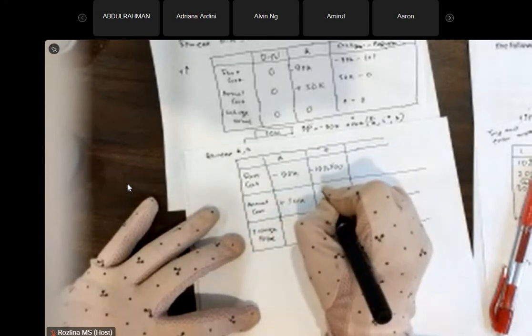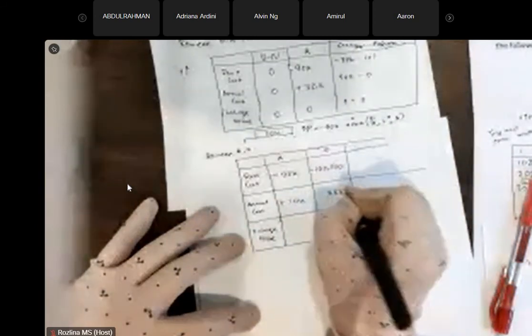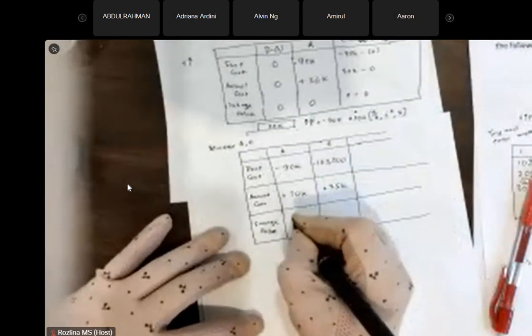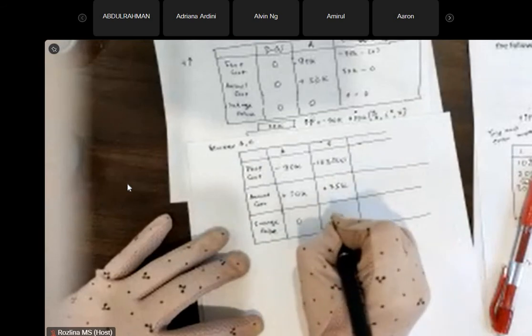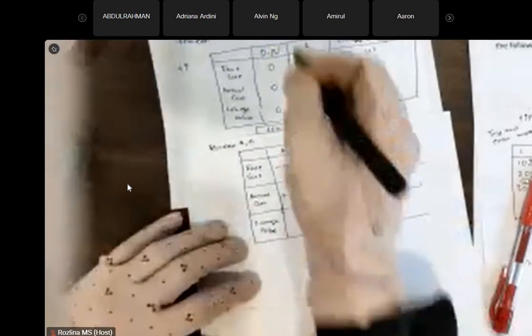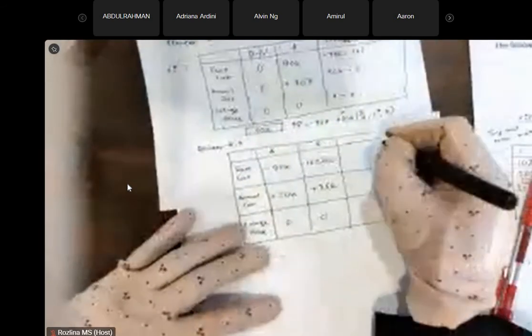For B it is 35k. Salvage value is still zero for both.